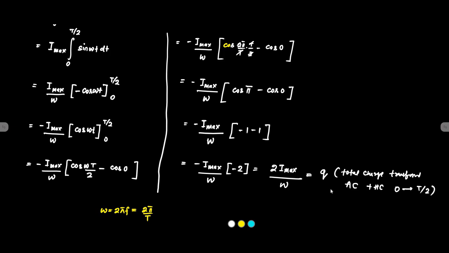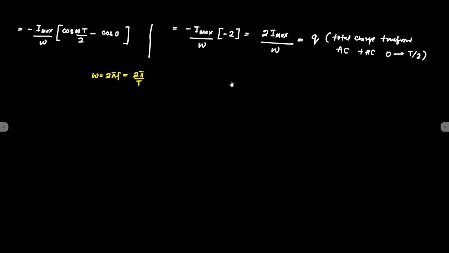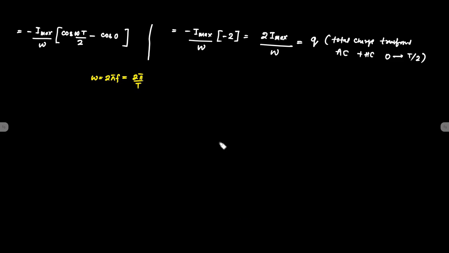Now we want to determine the equivalent DC representation. 2 Imax by omega here is the charge sent by the positive half cycle from 0 to T by 2. This is AC.